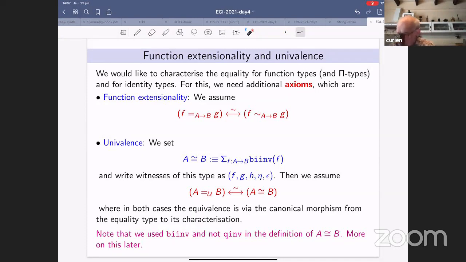As I also told, the axiom comes in the form of providing an explicit quasi-inverse in this direction to the map that we define in this direction by path induction.